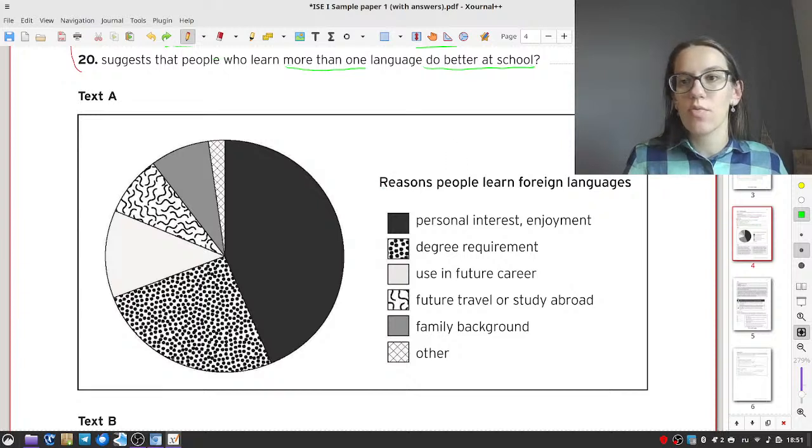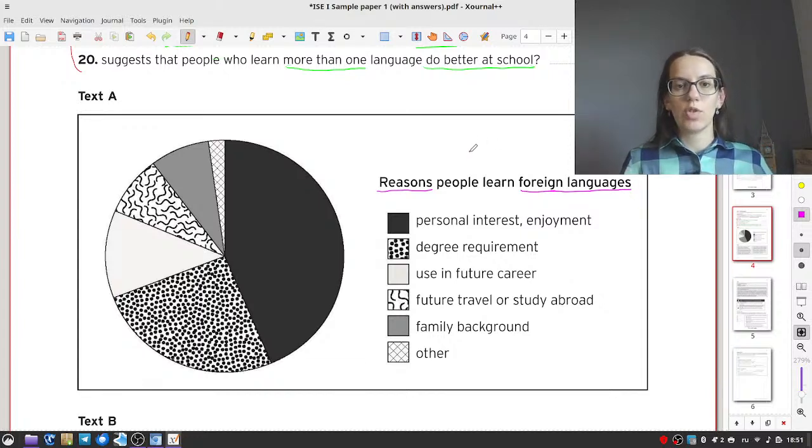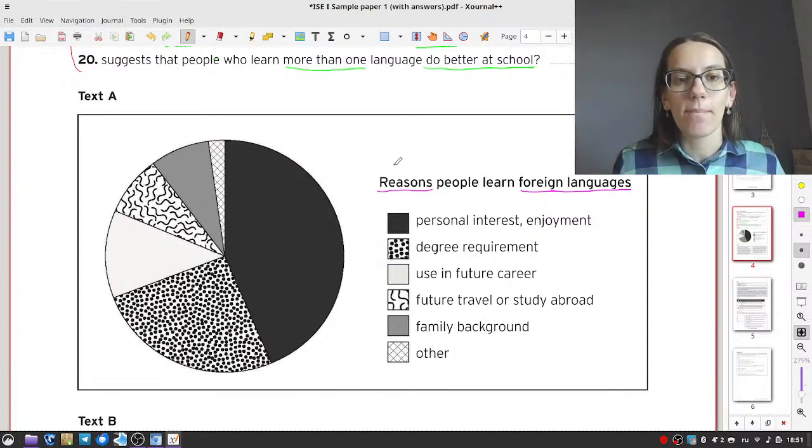It shows us reasons. Now, let me maybe use a different color. I don't know, like pink. Reasons people learn foreign languages. Reasons for learning foreign languages. So reasons, it's the same as why.